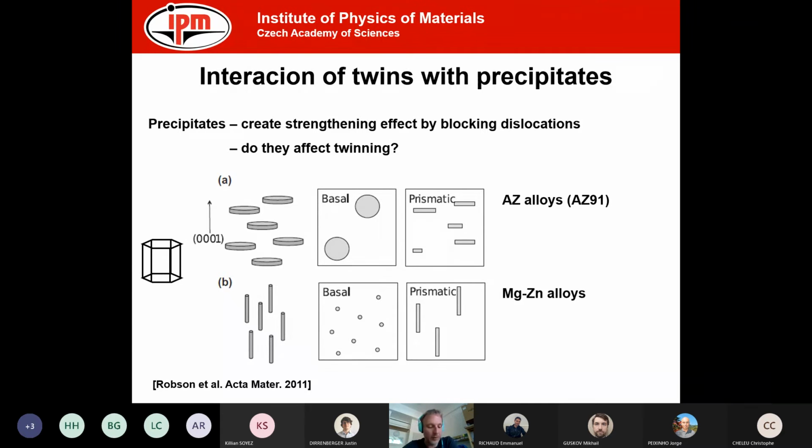But if you have metals that twin heavily, there is also a question if these precipitates affect twinning. In magnesium you have two main types of precipitates. The ones are precipitates that are located in the basal planes and have a plate-like structure, and then you have the rods that are aligned with the C-axis. So the first ones are typical for AZ alloys, the second for magnesium zinc alloys.